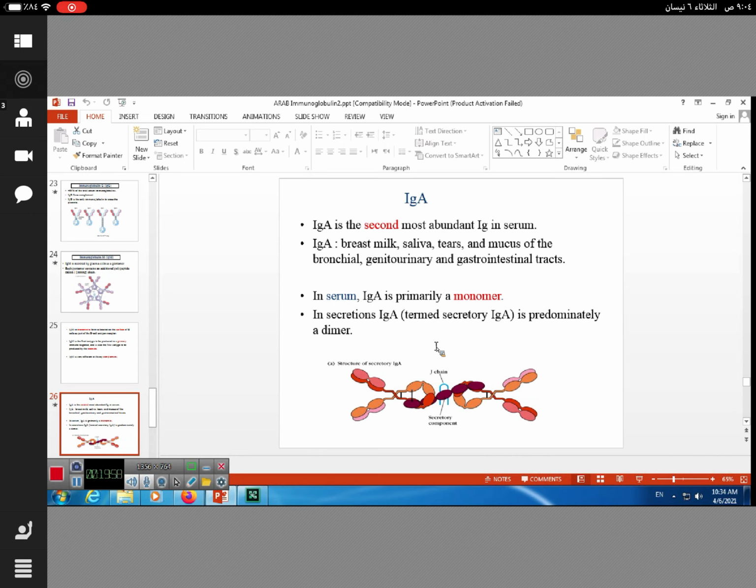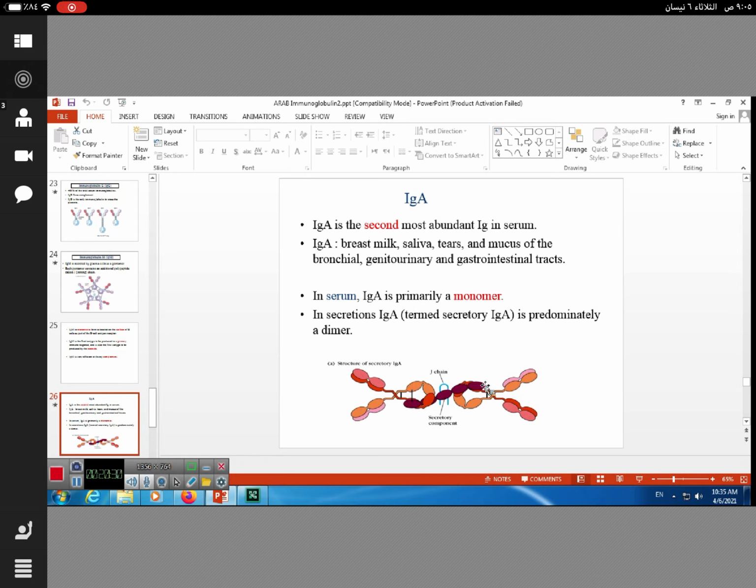IgA in the serum is primarily in a monomeric form, but in secretory form, the dimeric form is predominant. In the antibody structure, you can see light chain, heavy chain, J chain, and secretory component.